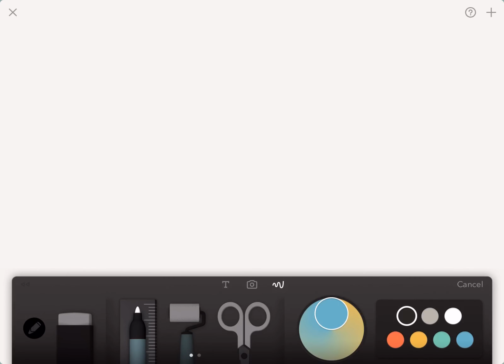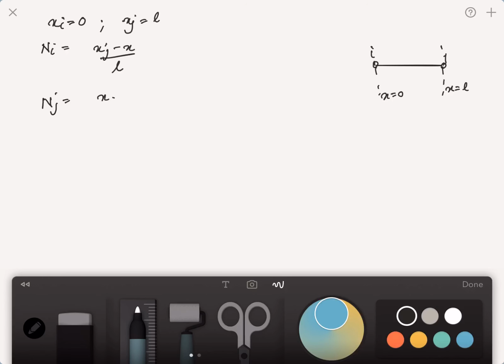Now I also want to pick a small example. This element that we worked with, let's assume that it has the nodes i and j, and it has a certain length L, and this is where x is equal to L, and this is where x is equal to 0. So basically what we are enforcing is that xi is equal to 0 and xj is equal to L. If I get the shape functions back from the previous slide, then I will get Ni is equal to (xj minus x) by L, and Nj is equal to (x minus xi) by L. Right?